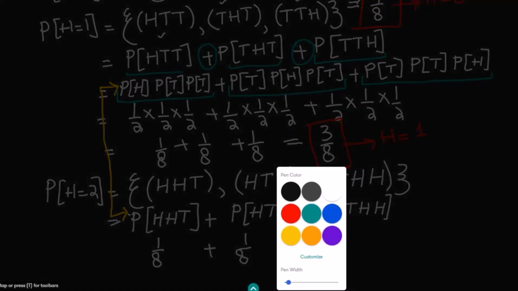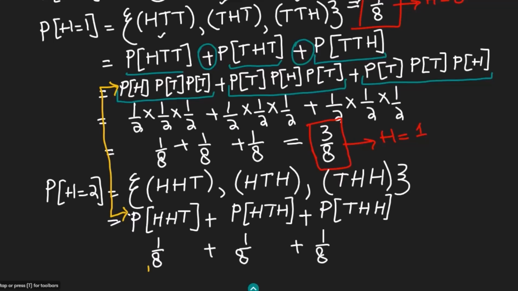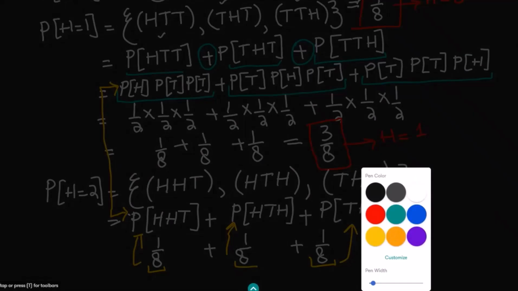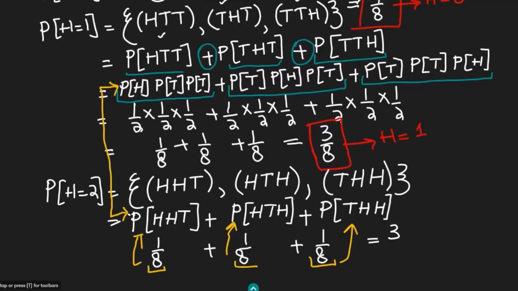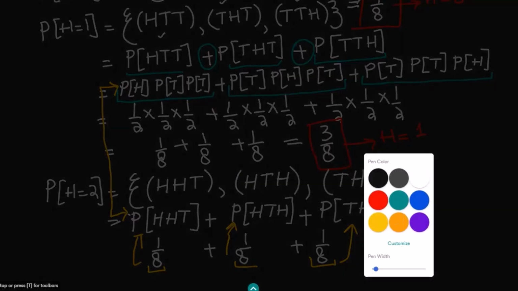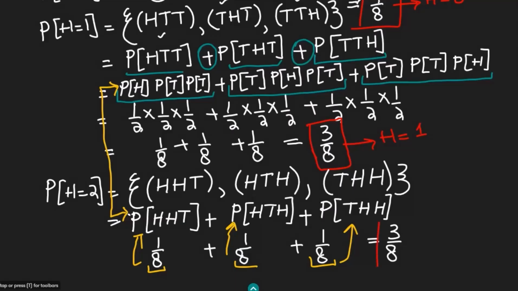This is for this one, this one is for this one, and adding them together I will get 3 by 8. So this is for heads equal to 2, the probability of heads equal to 2.